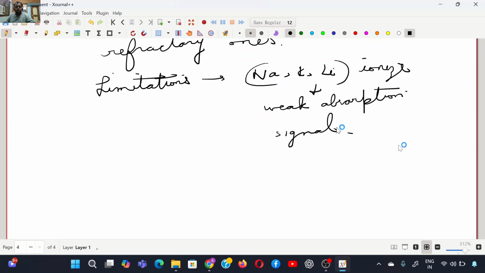So they are operated under slightly oxidizing conditions, that is, you take excess air.